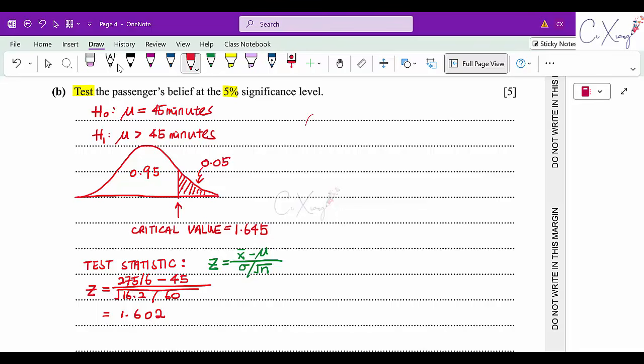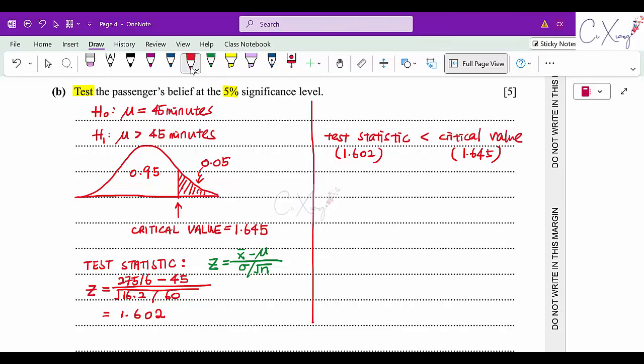Then next, we are going to compare the value of the test statistic and the critical value. Your test statistic is 1.602, and it is smaller than the critical value. The critical value is 1.645, which we found out just now.